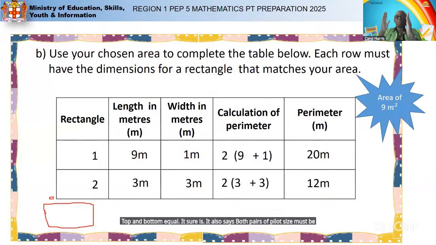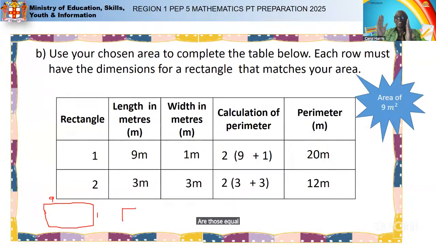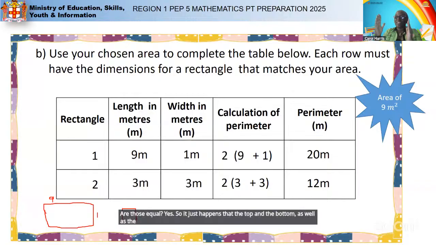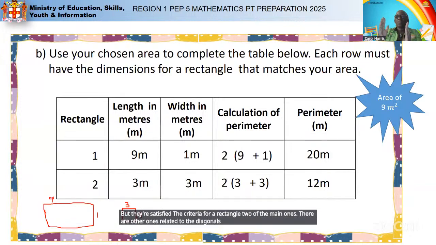The pair of sides must be parallel to each other and equal in length. What about the left and right for the square? Are those equal? Yes. So it just happens that the top and the bottom, as well as the left and the right, are equal in length, but they satisfy the criteria for a rectangle. Well, two of the main ones. There are other ones related to the diagonals, but we're looking at the lengths of sides now.